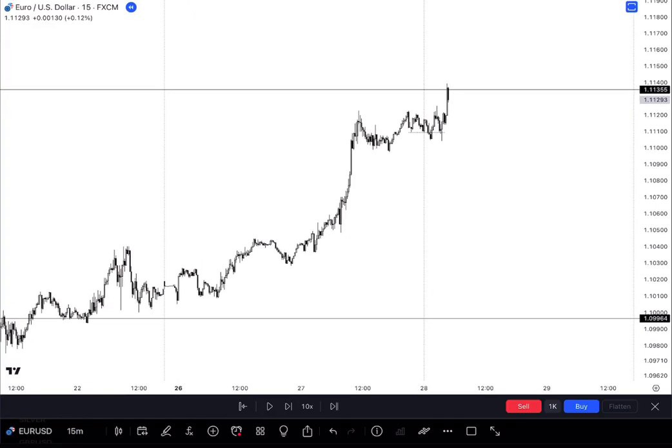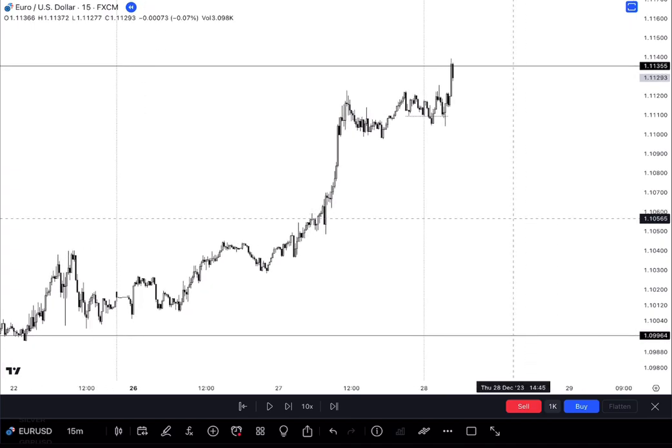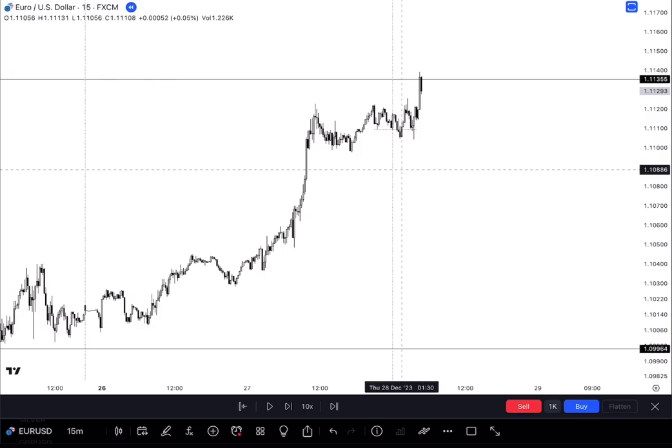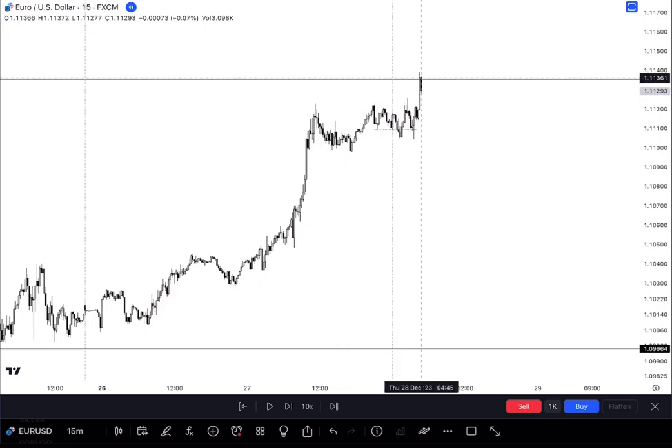You go down in the time frames, otherwise you're going to get lost. So the opening time, this is the manipulation time. We go and smack into the key level, taking out a previous liquidity pool from the previous candle. And this was the entry.